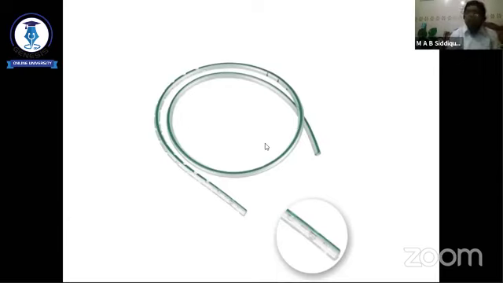In the feeding tube the pores are fewer than in the drain tube, and the pore size is also larger.